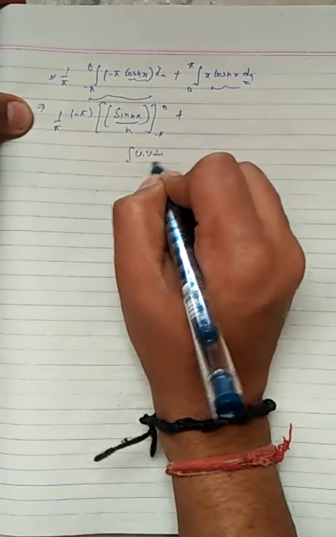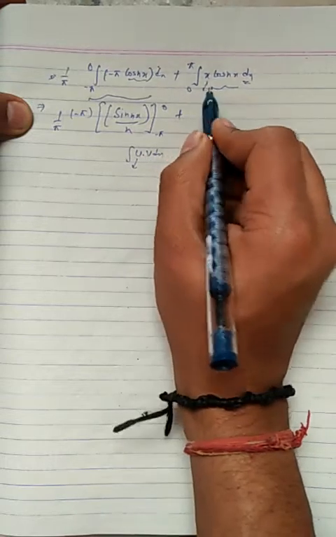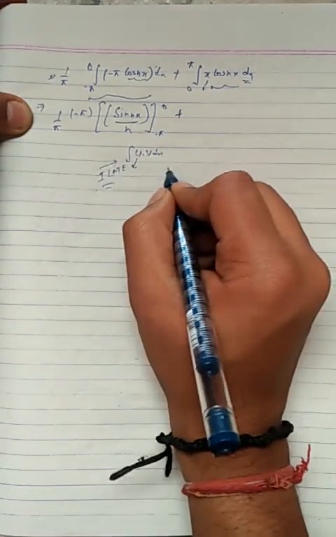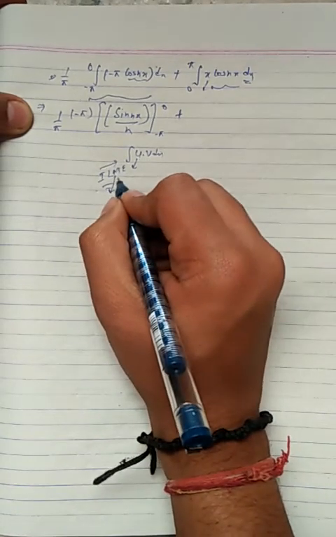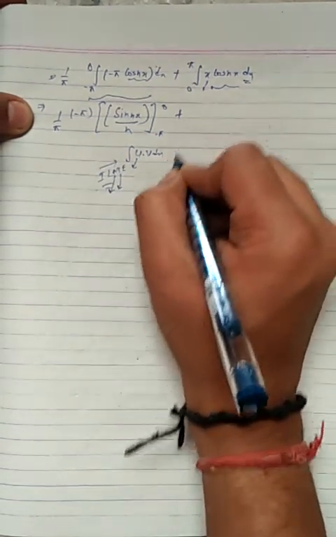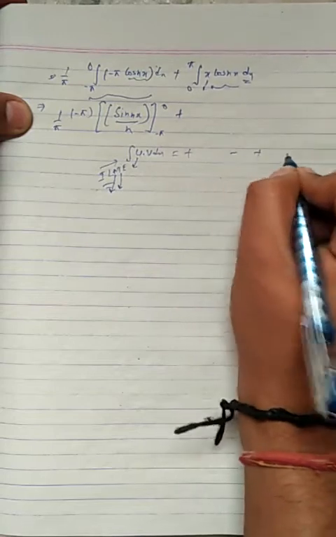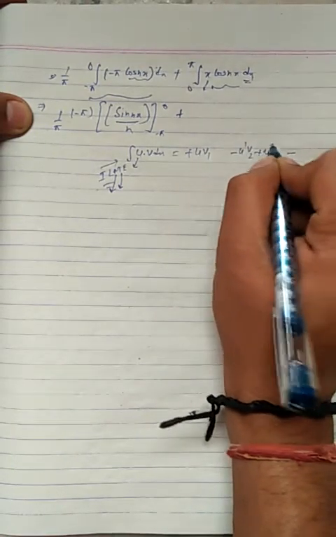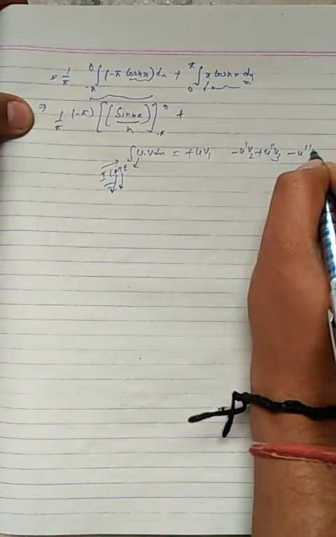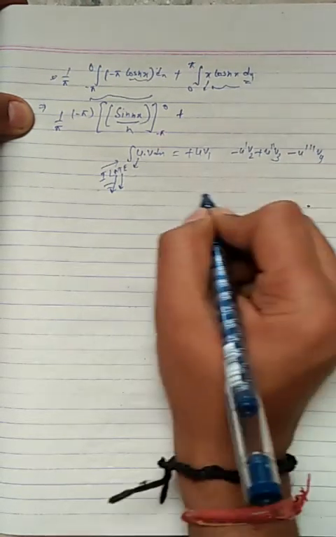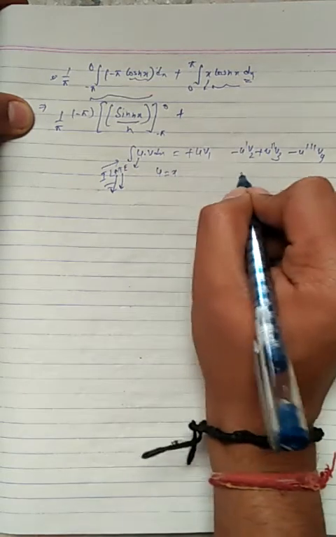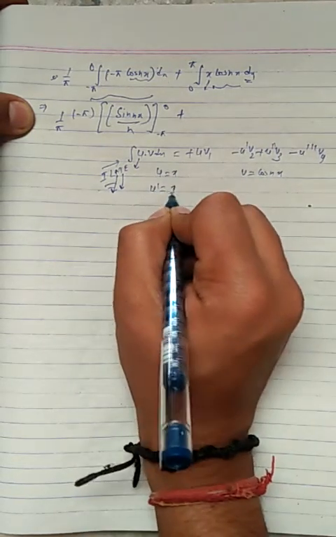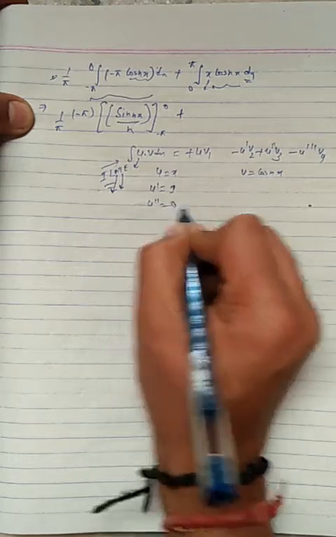integral of u dot v dx. u is the first function, that is algebraic function, because we follow the ILATE sequence. First preference is algebraic, then trigonometric. So u dot v is plus minus: u v1 minus u dash v2 plus u double dash v3 minus u triple dash v4. Now u is x and v is cos of nx. u dash is 1 and u double dash is 0.